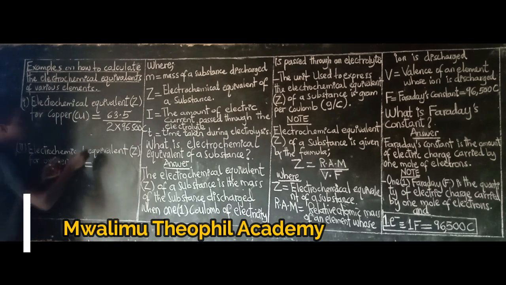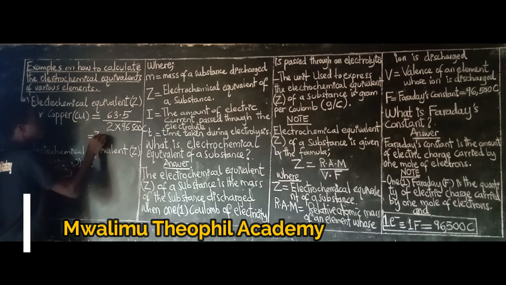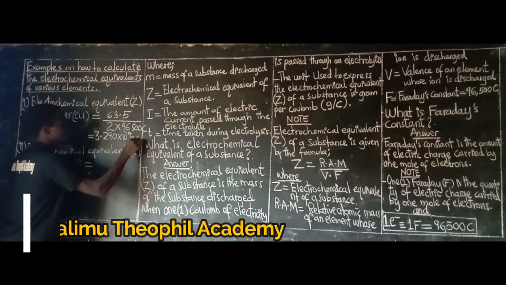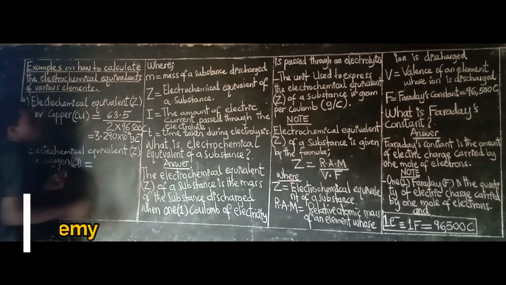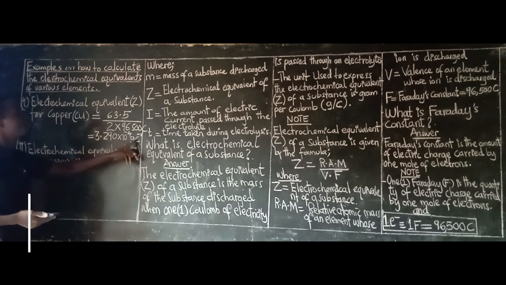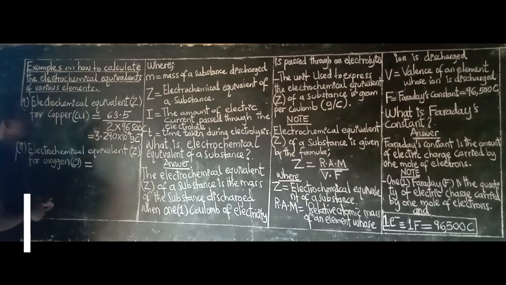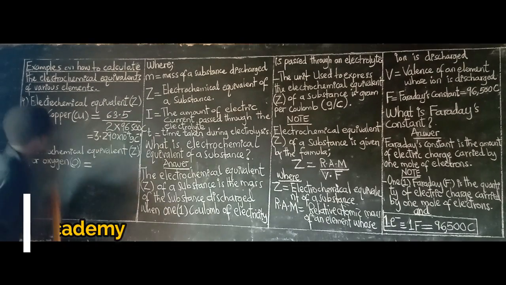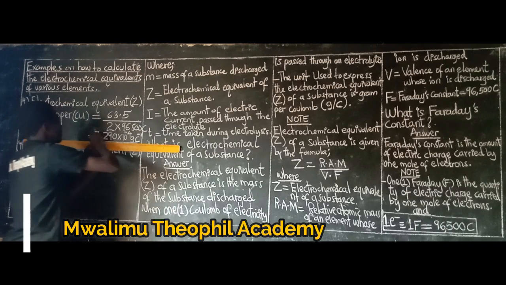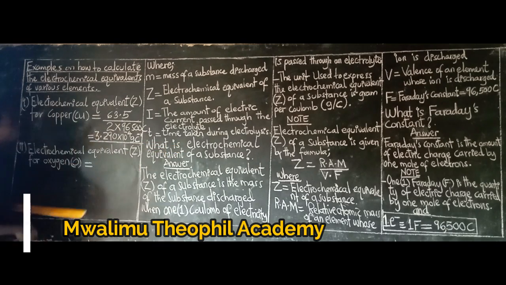The answer is 3.290 times 10 raised to -4 gram per coulomb, as we have said that the unit for electrochemical equivalent is gram per coulomb. This is the electrochemical equivalent of copper.